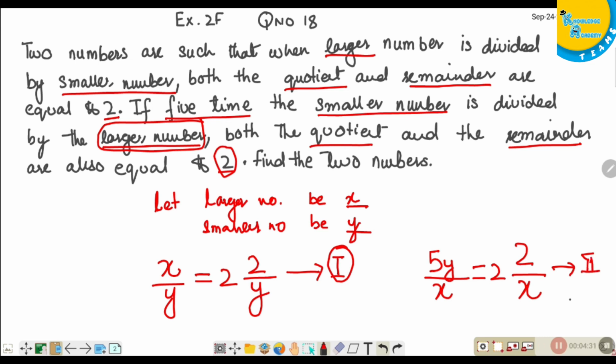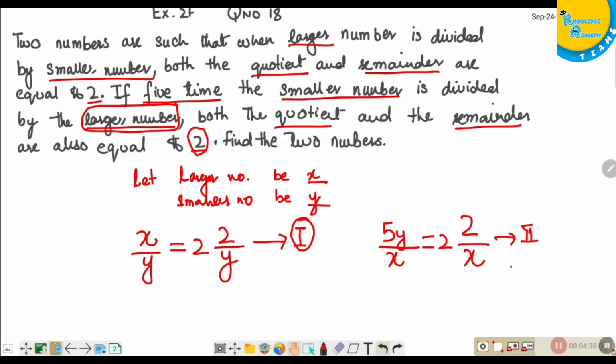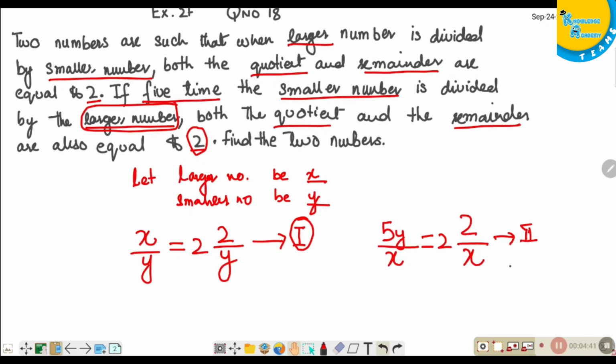So all I'm going to do now is change these two equations into a regular form of equations, and then we will use the elimination method or substitution method, whatever.